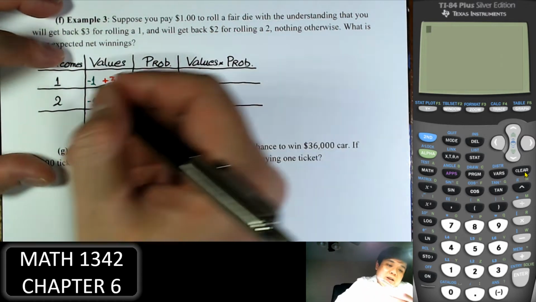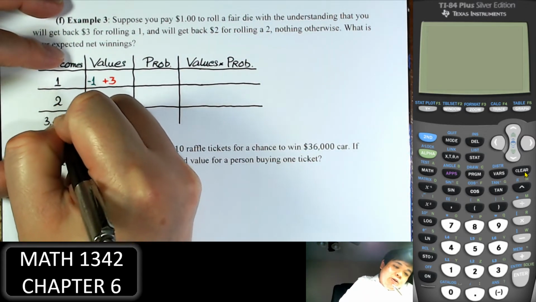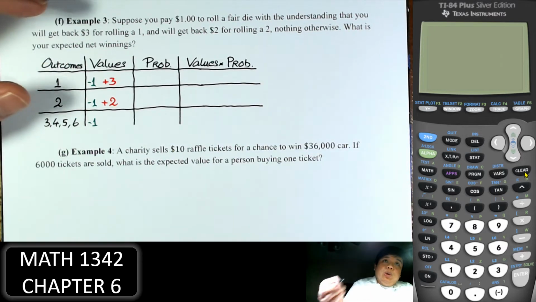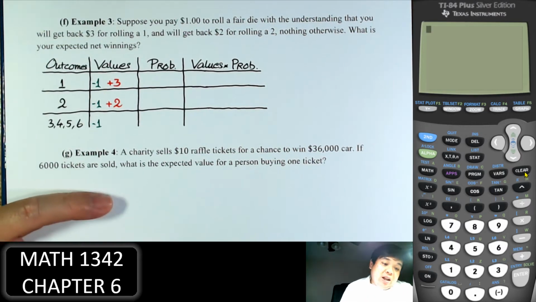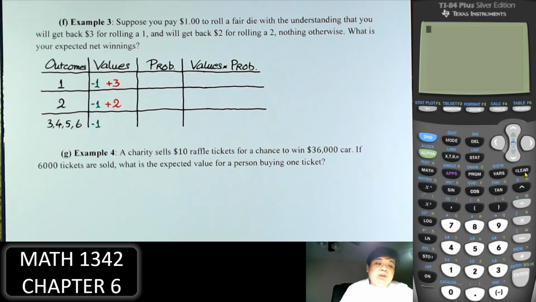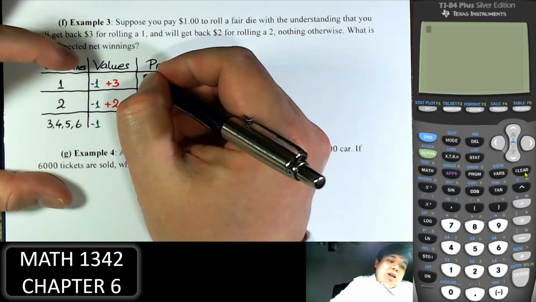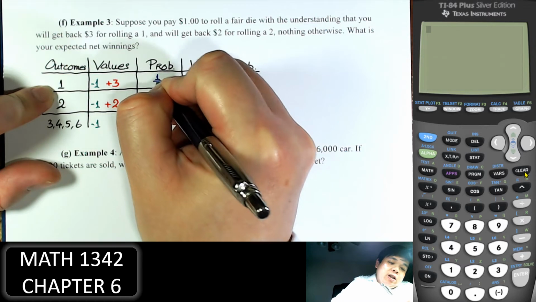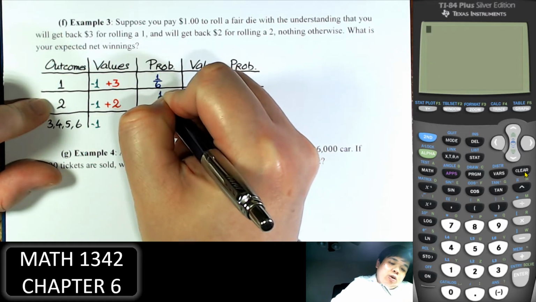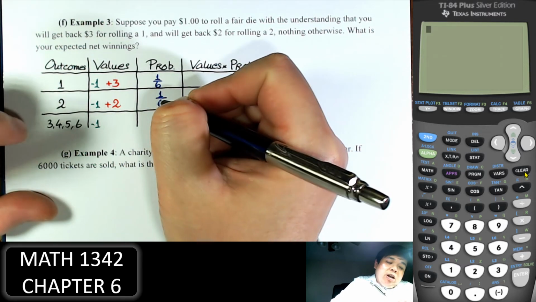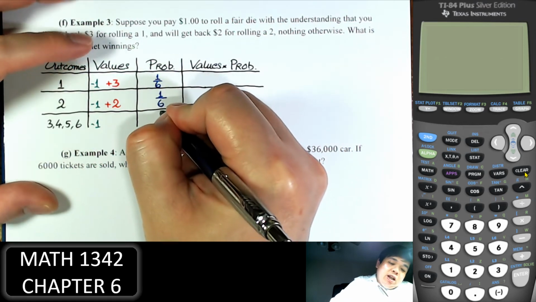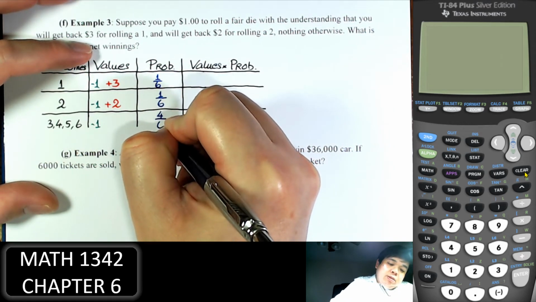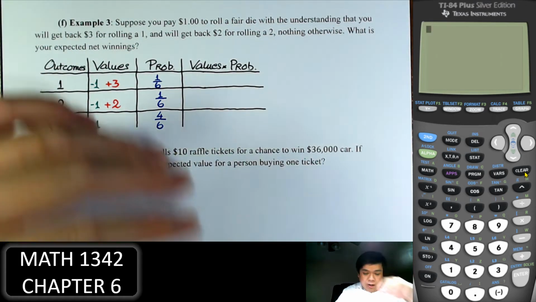And otherwise, meaning if we have 3, 4, 5, or 6, we lose. We don't get anything back. This is a fair die, so the probability of getting a 1 is 1/6. The probability of getting a 2 is 1/6. The probability of getting 3, 4, 5, or 6 is 4 out of 6.